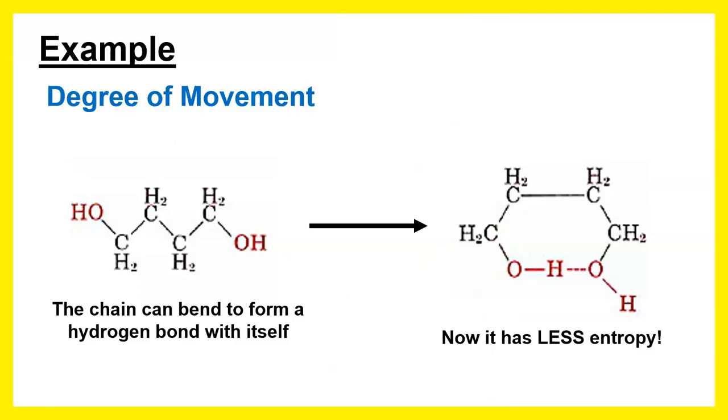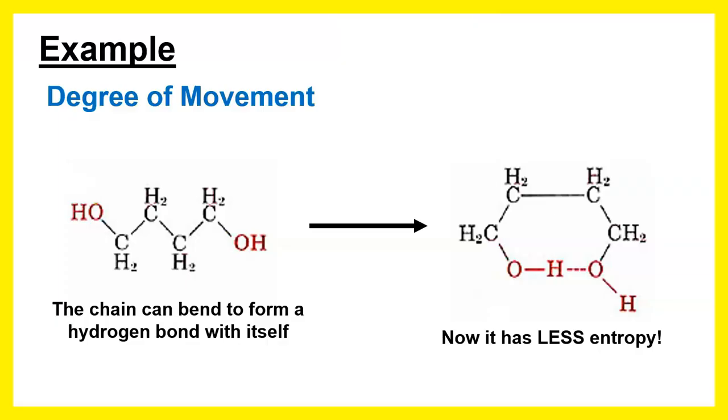I love this example because we can see that even within a single molecule, there can be things to consider that would result in changes to the degree of movement. On the left, do you see how that compound has those two hydroxide groups on the end?